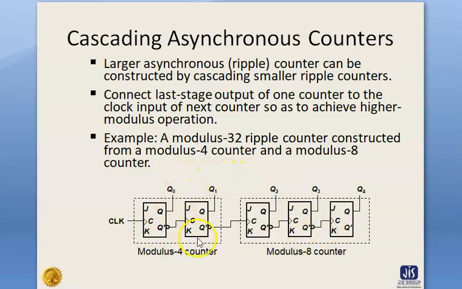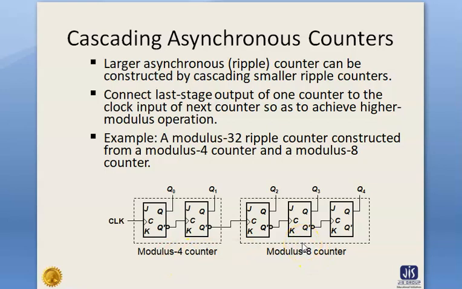If we cascade these two, then we can get a mod 32 counter. Okay, 4 into 8, that is 32. So a mod 32 counter can be achieved by cascading two counters, one mod 4 and another mod 8 counter.